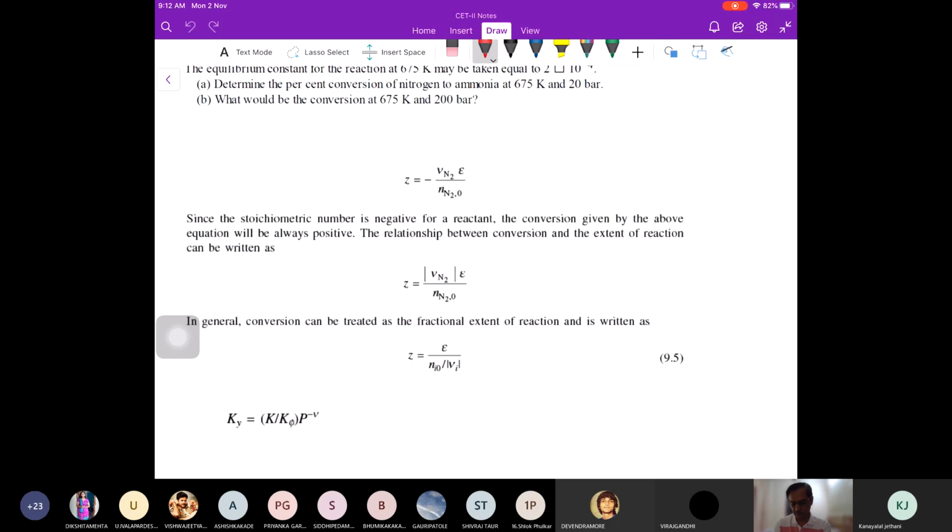How will you find the value of Ky? What is Ky equal to? Dikshita?